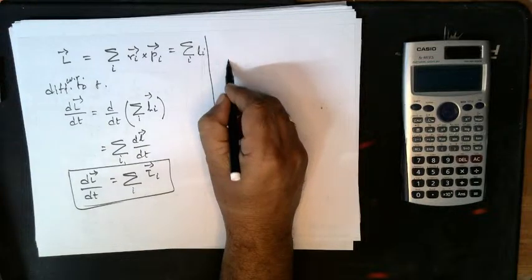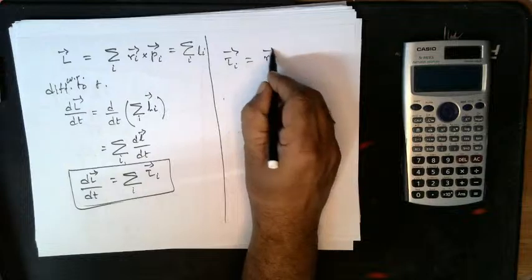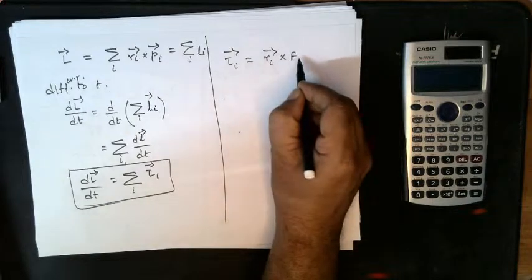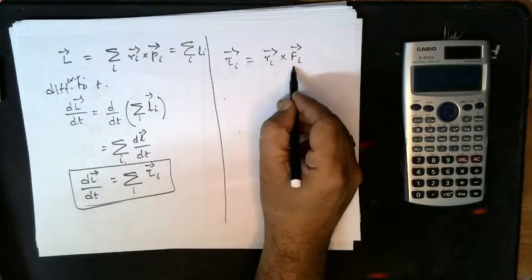Therefore, tau i is equal to Ri cross Fi, that we know. What is Fi? Force experienced by the ith particle. And actually, this is the sum of two forces.